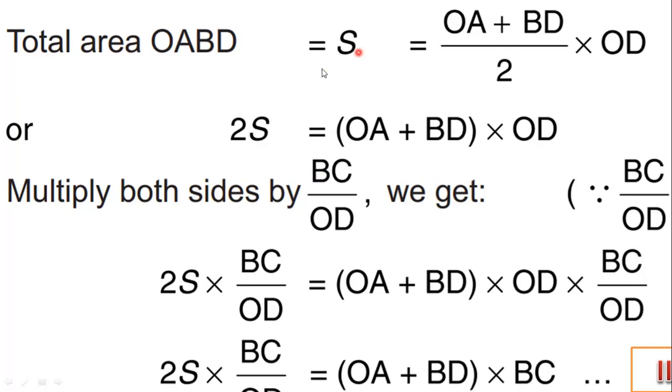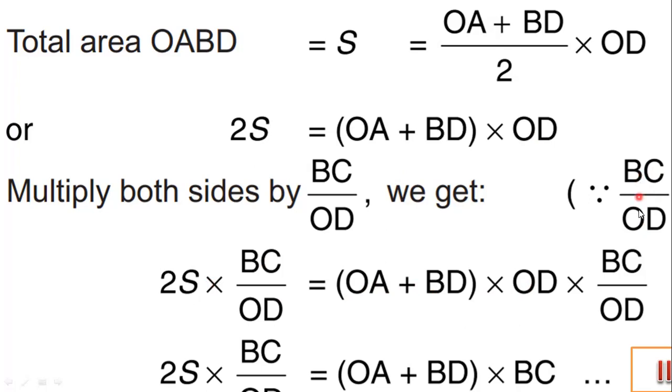So this 2 goes to the left-hand side, giving 2S equals (OA plus BD) into OD. Now we multiply both sides by BC over OD, because OD is the time. On the left-hand side, 2S multiplied by BC over OD, and on the right-hand side, we multiply (OA plus BD) by OD, and OD is already there, so we put BC over OD.